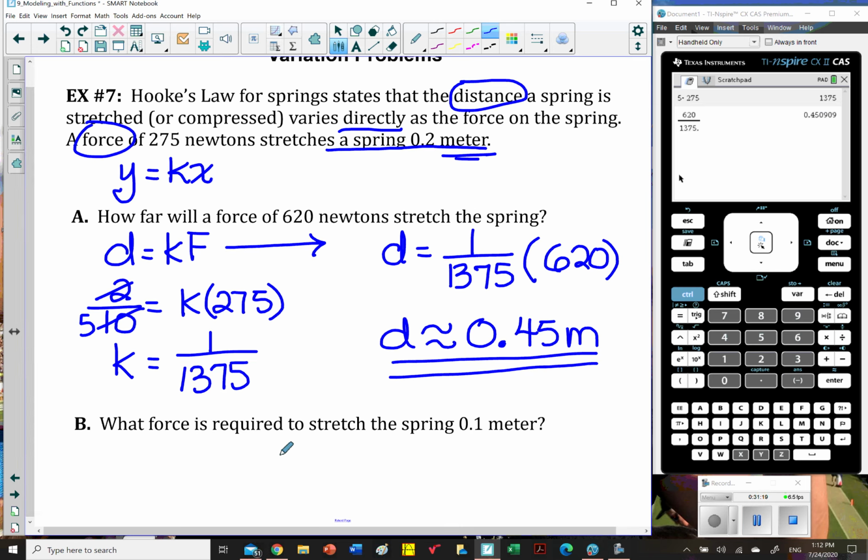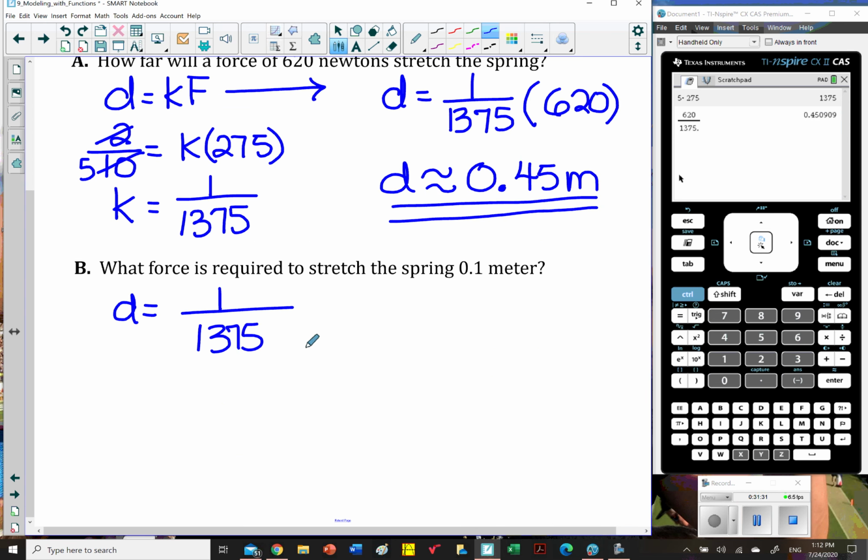So what force is required to stretch the spring 1/10 of a meter? Well, we know D is 1 over 1375 because that's our K factor. I'm looking for the force, and we want it to stretch the spring. The distance would be 1/10.